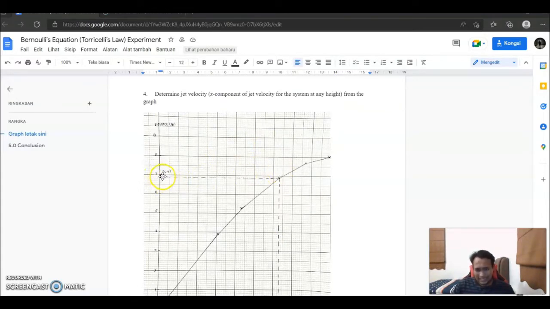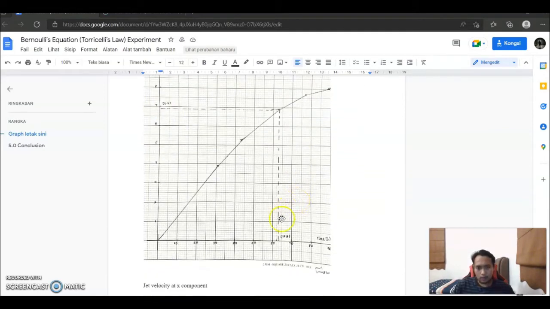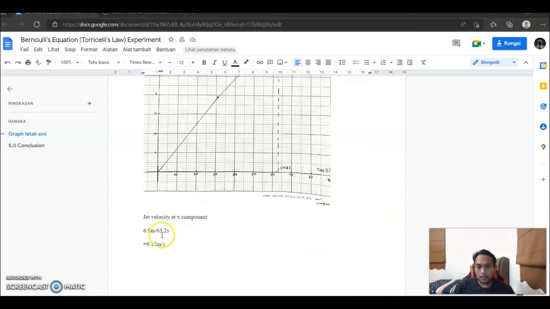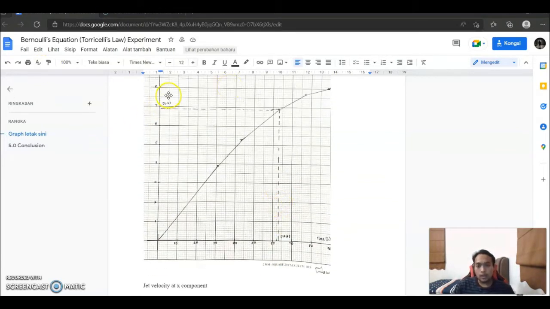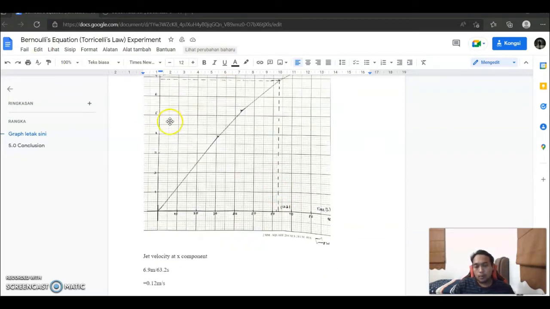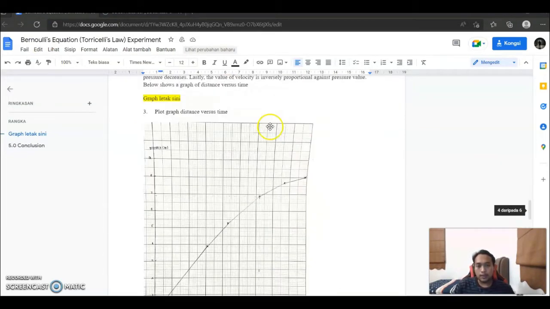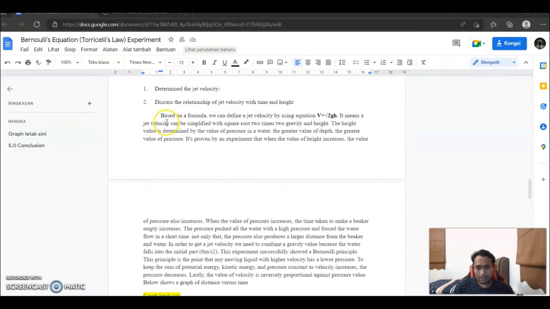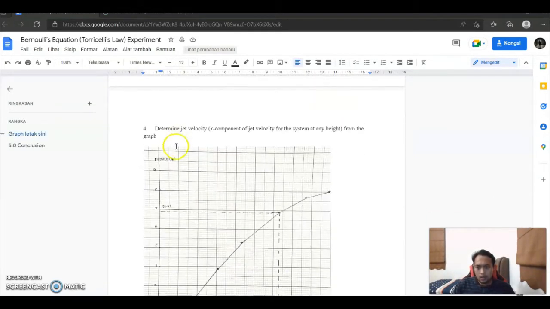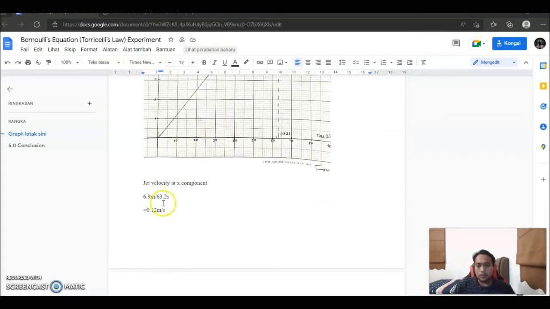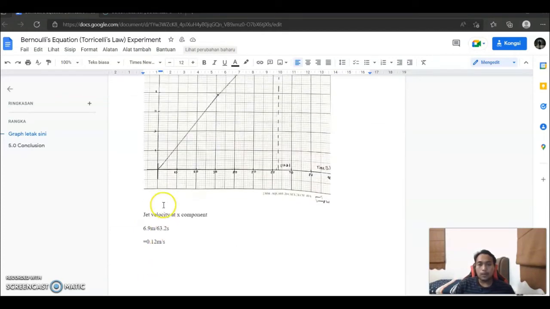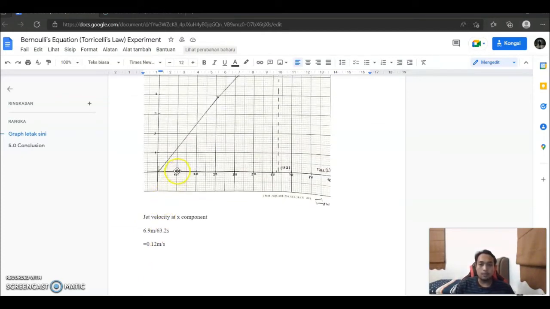We take the x axis as 63.2 seconds, and for the y axis we take 6.9. We take the 3 meter case to get the jet velocity. We use this formula: 6.9 meter divided by 63.2 second, and we get 0.12 m/s. That's all from me for the result of this experiment. Thank you.